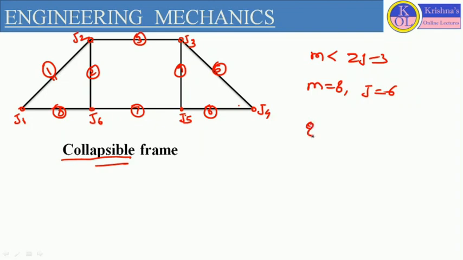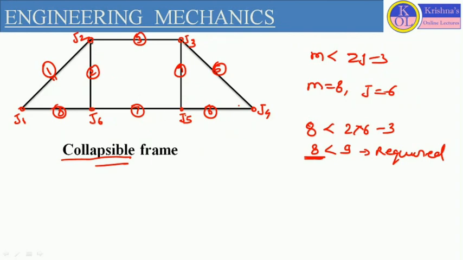As per this equation, this 8 should be less than 2 into 6 minus 3. So this 8 is less than 9. So we required 9 members, but actually we have 8 members. So this particular frame is not at all suitable to avoid deformation because of external loading.